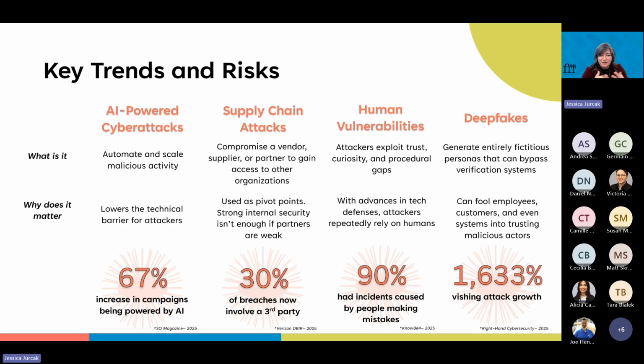AI-powered cyber attacks. So AI has made this very, very easy for people who are not technically savvy. It used to be, when you heard the term hacker, that was someone who had a ton of technical training. Now with AI, you don't need that, you just have to be very good at prompting and you can get whatever you need.